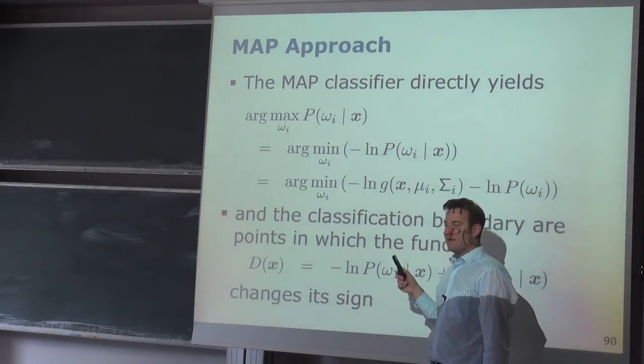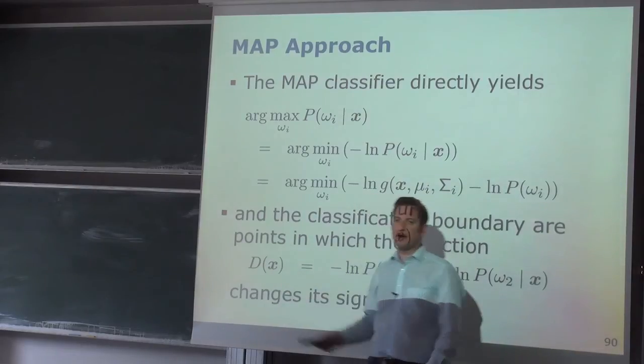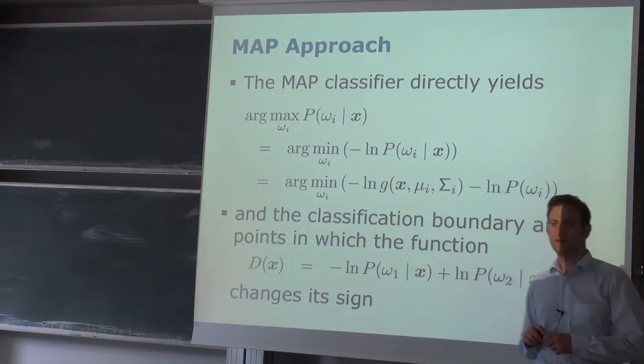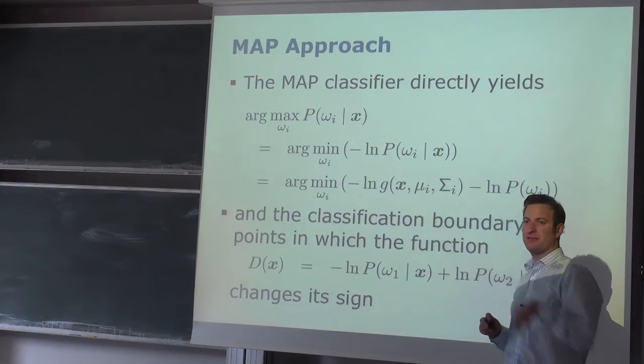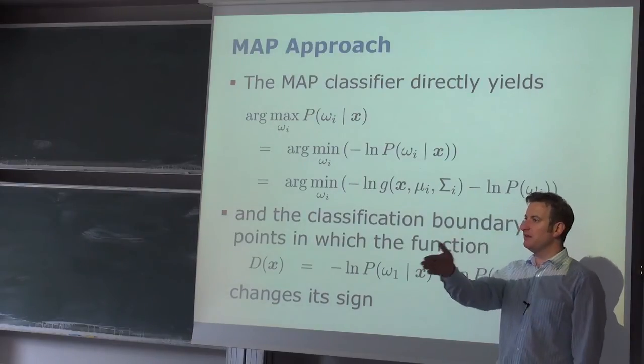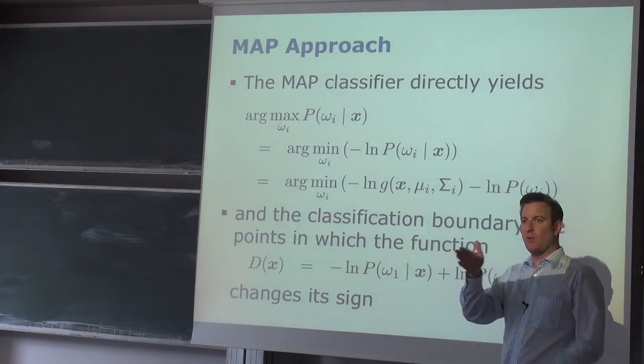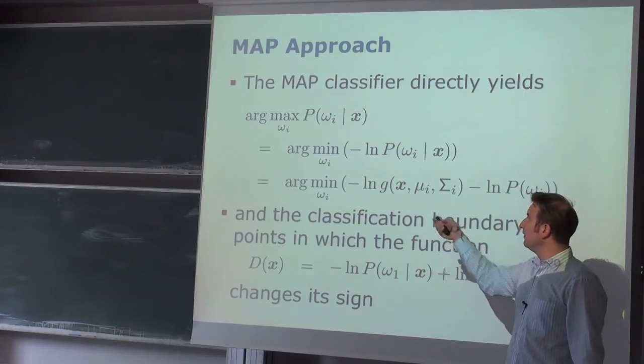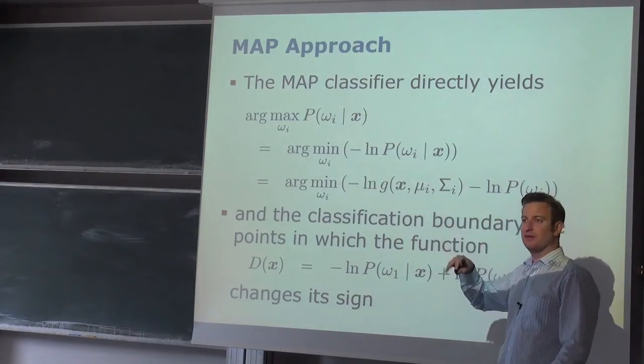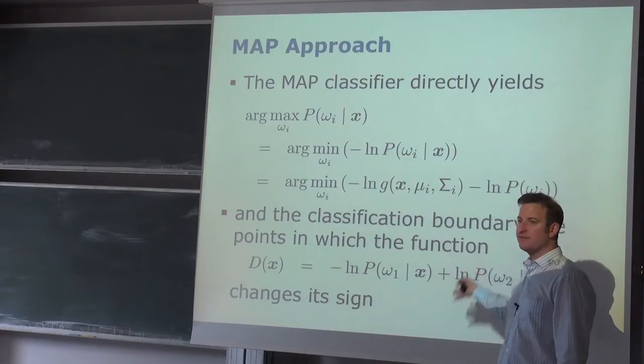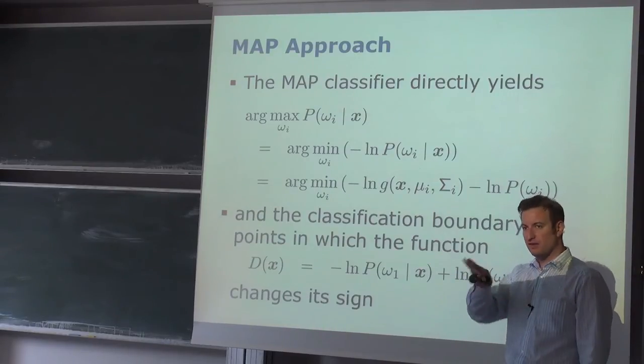At the position where this function changes its sign, going from minus to plus or from plus to minus, the probability for one class becomes higher than for the other. They swap.